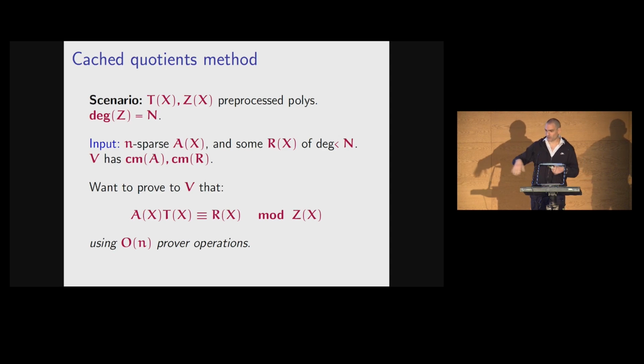Okay, so all of these polynomials in this equation are of degree typically big N. And the point is we want to do this in O of little n operations.